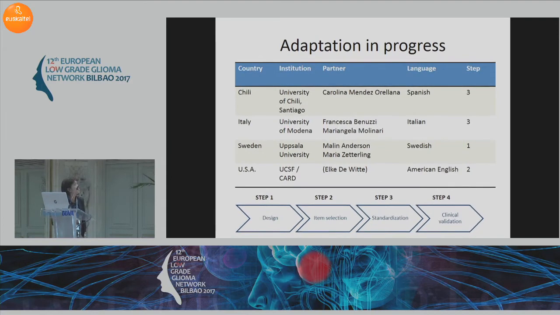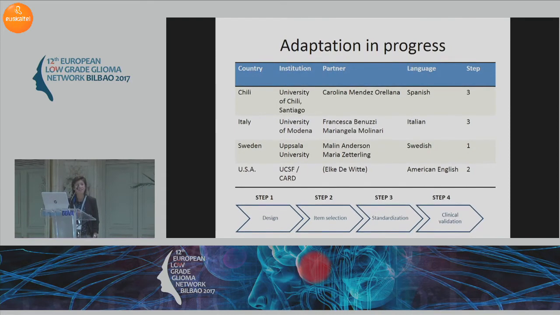We also have partners in Italy and Sweden, and in Italy they're also administering the tasks in a normal population. It's also step 3, and in Sweden they're still designing the items. So we are in contact, and we discuss the items at the moment.